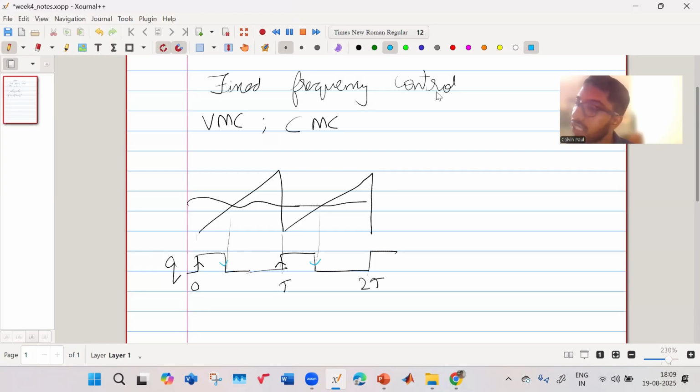That is why it is known as trailing edge modulation. This is because the instant of the main control signal being turned on is the same, but when it is turned off, this can get adjusted. This can turn off earlier, this can turn off later, depending on your control. So that's why this is known as trailing edge modulation.